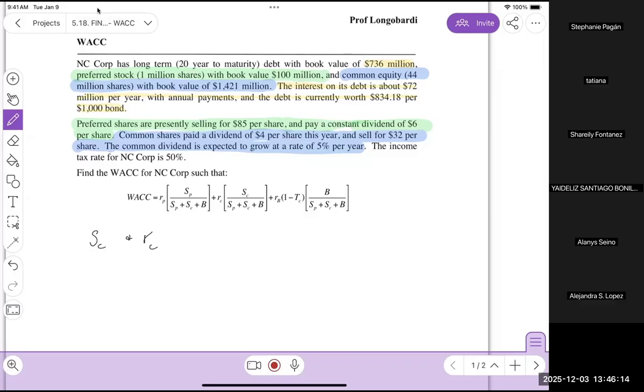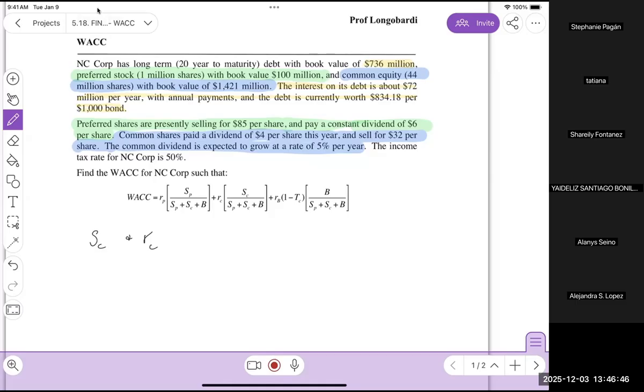We don't have the price, right? They paid a dividend of $4 per share this year and sell for $32 per share. There you go. So that's $32 per share. So you can calculate that market value.